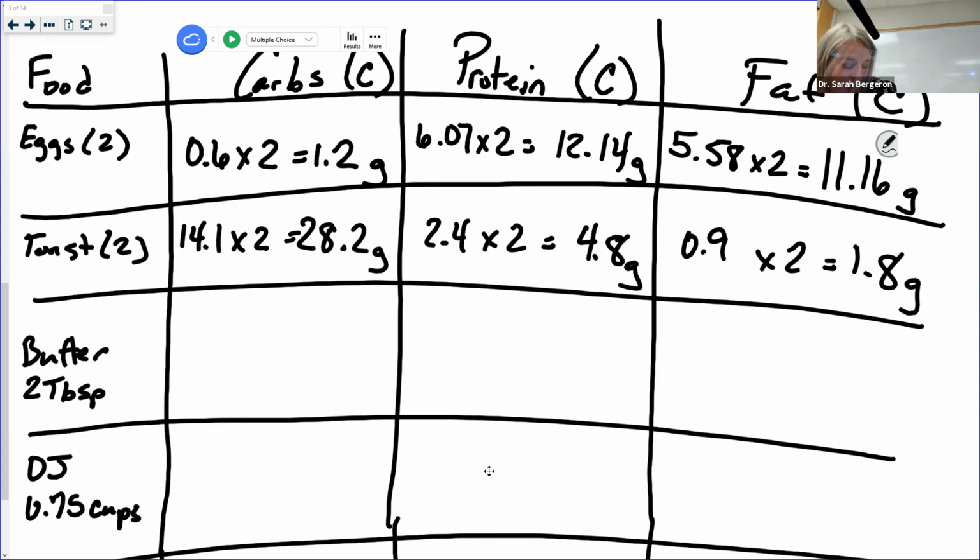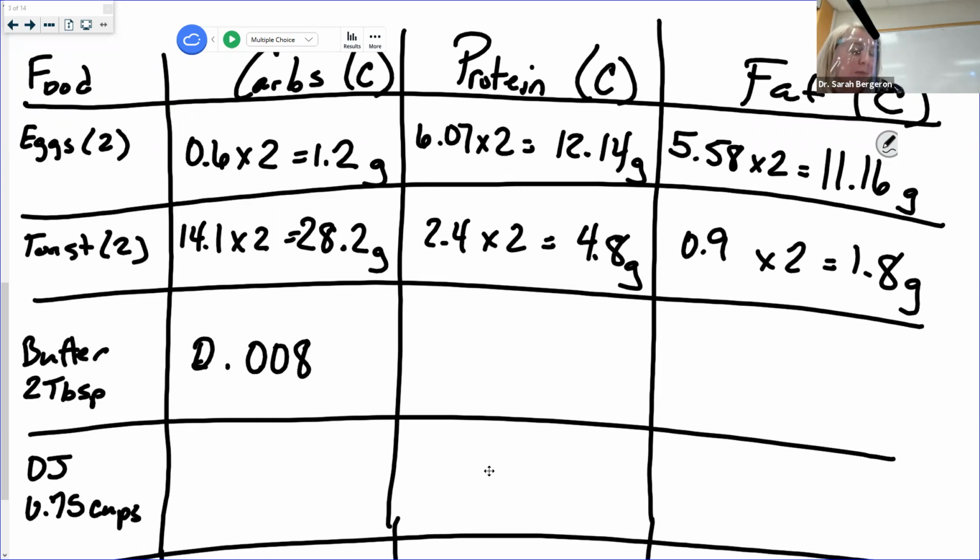Okay, now how about butter? Do you have a lot of carbs in butter? 0.008 I get. Y'all find that on the chart? Okay, how about protein?